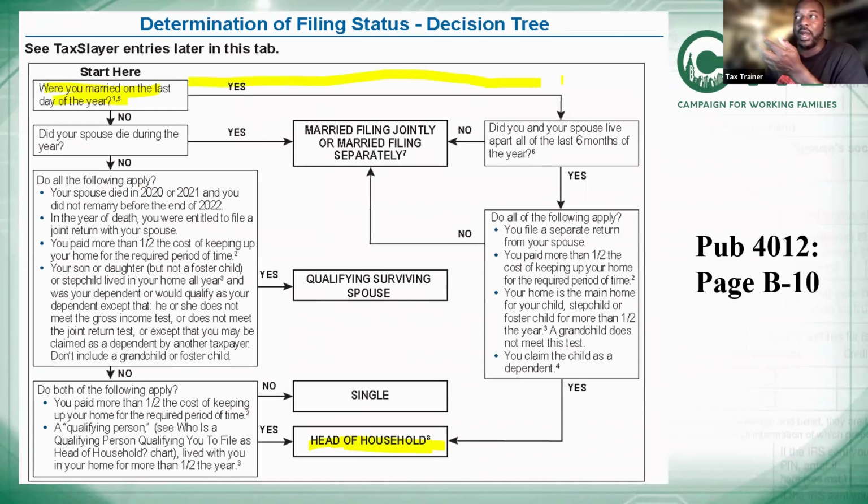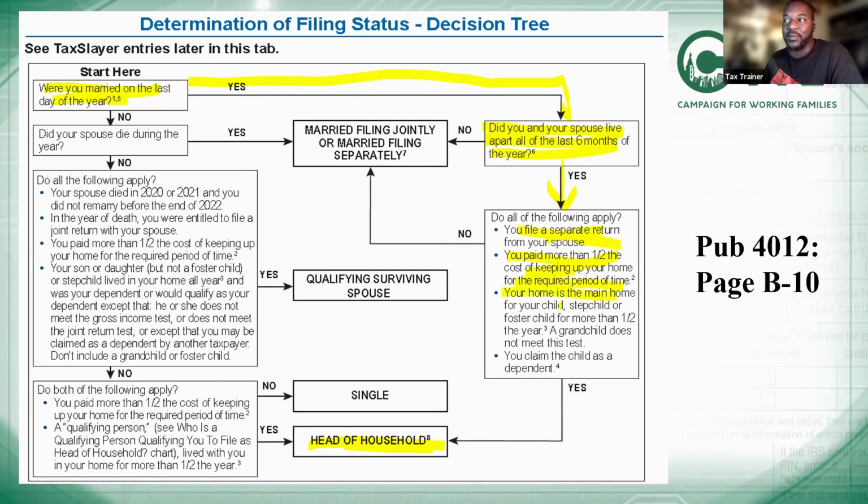But then the key question is, did you and your spouse live apart for the last 6 months of the year? And they did. So now I can go down here and see if I can qualify for head of household. To qualify for head of household, I'm filing separate from my spouse. I paid more than half the cost of keeping up the home for a certain time, right?